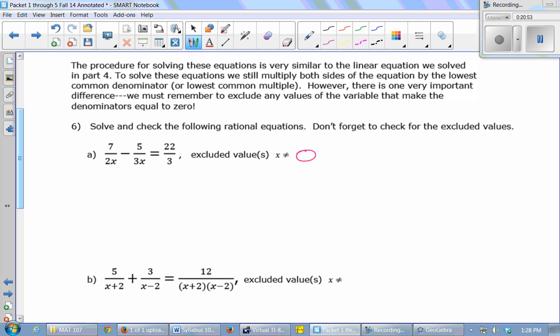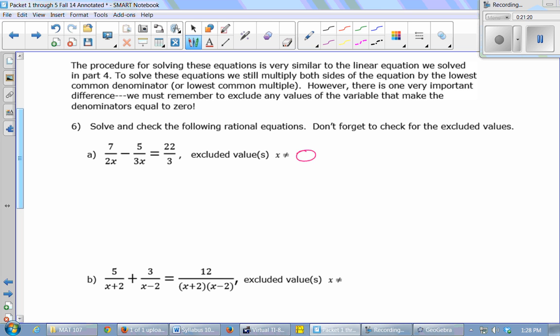So I have a 2x, a 3x, and a 3. What do you think the common denominator should be? 6x. Why not 6x squared? Right, I would have to do x times x for x squared.